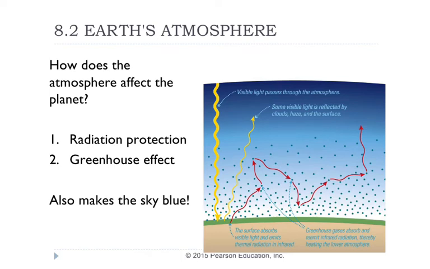On our Earth, the atmosphere again protects us. It blocks out some of the electromagnetic spectrum that is a bit dangerous to us. But how does it actually affect us? Well, apart from protecting us from the radiation, it also creates a greenhouse effect. Similar to Venus, which has a runaway greenhouse effect where the temperatures are 900 degrees all of the time.